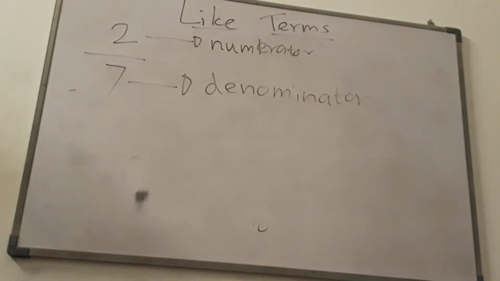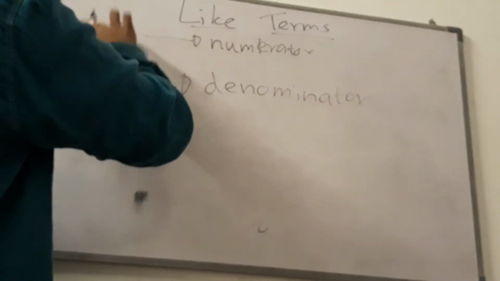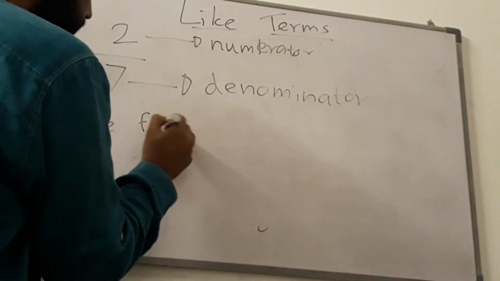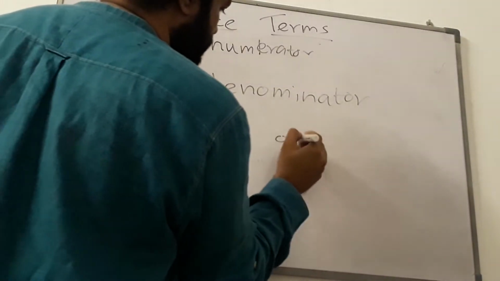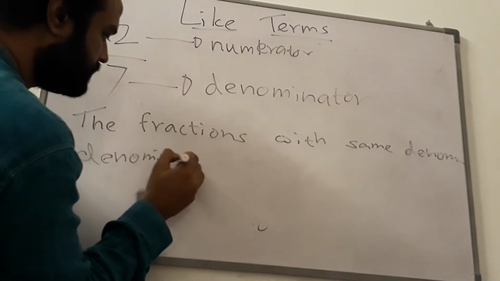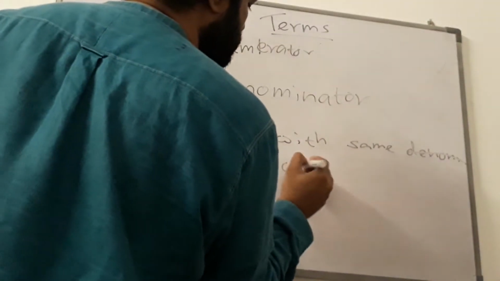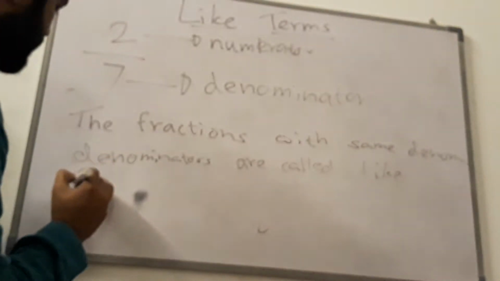Like terms means the fractions, this is called a fraction, the fractions with the same denominators are called like fractions.